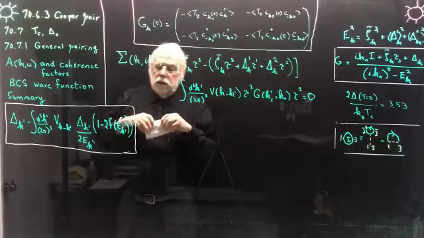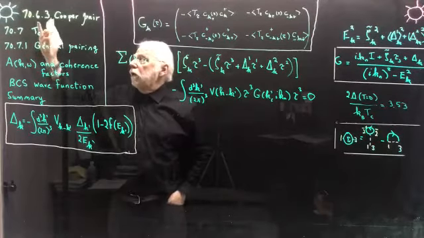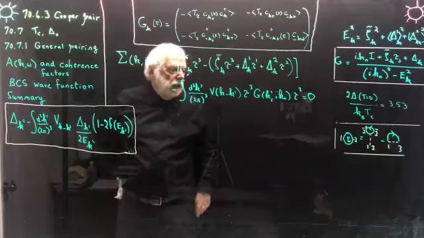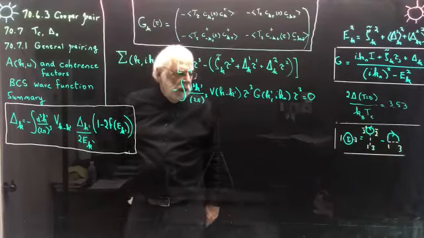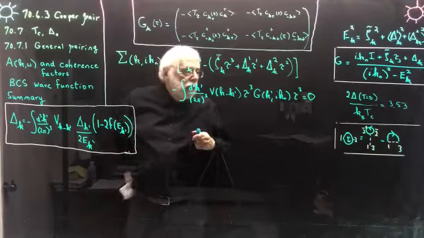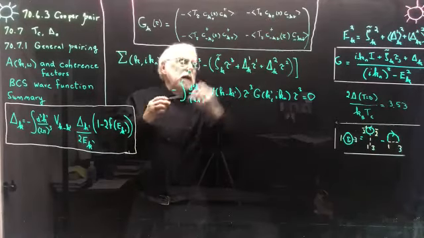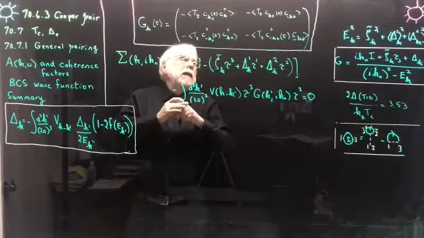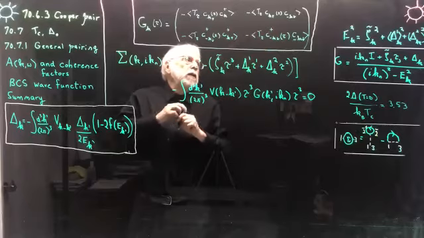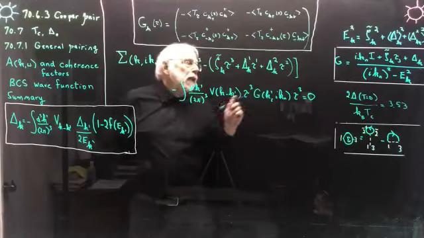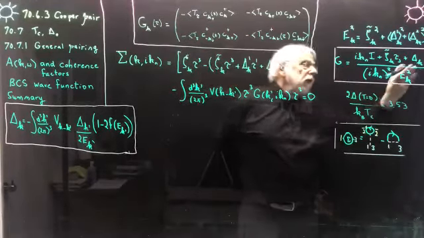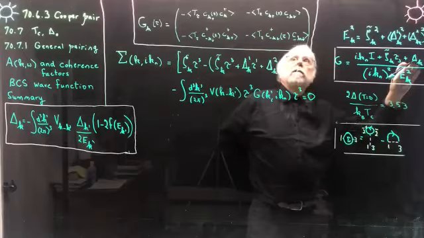Okay, so now I want to discuss the coherence length. If I look at this piece of the Green's function, it is given by this, right?